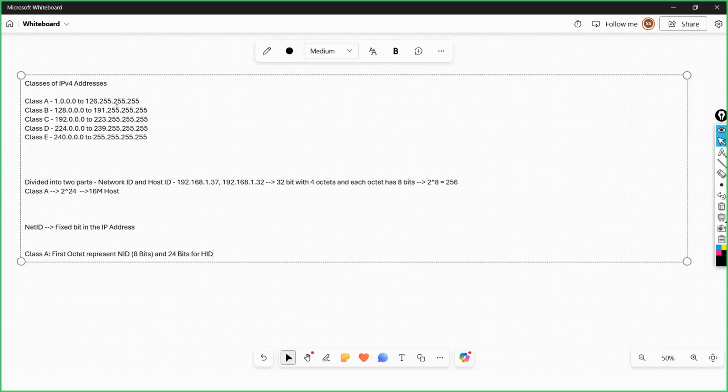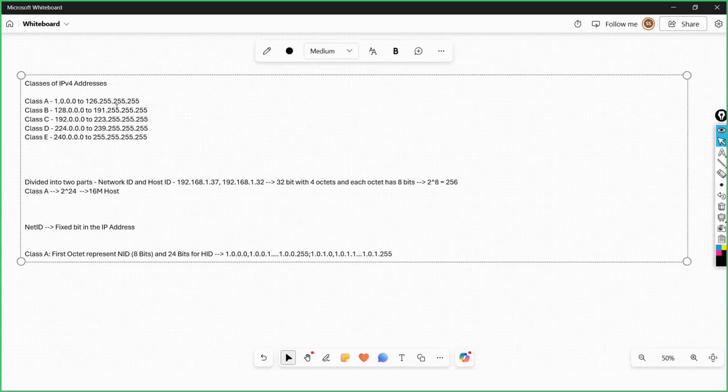Then it will start from 1.0.1.0, 1.0.1.1 up to 1.0.1.255, and it will go on.